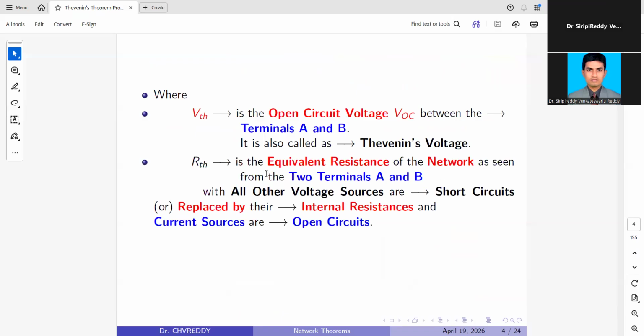RTH is the equivalent resistance of the network as seen from the terminals A and B. It is also called Thevenin resistance.